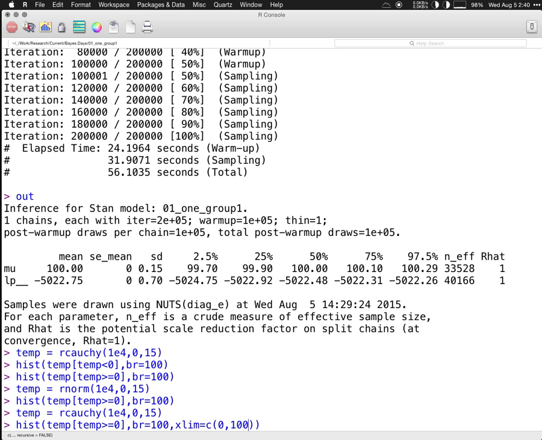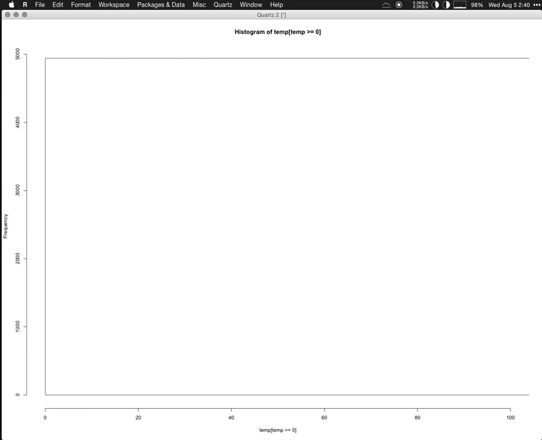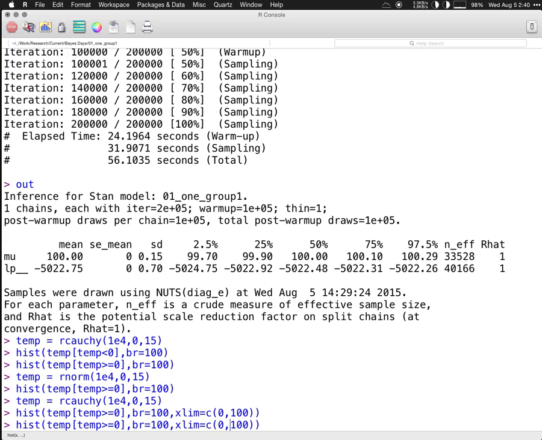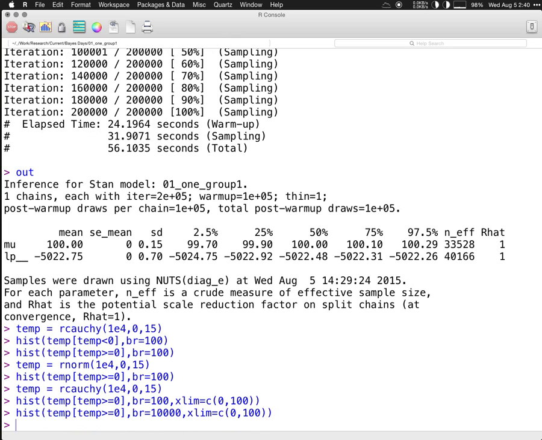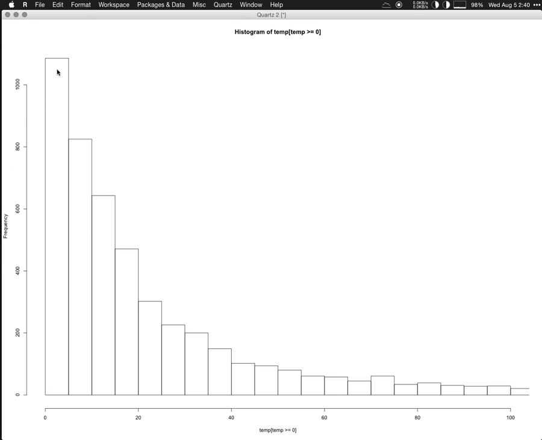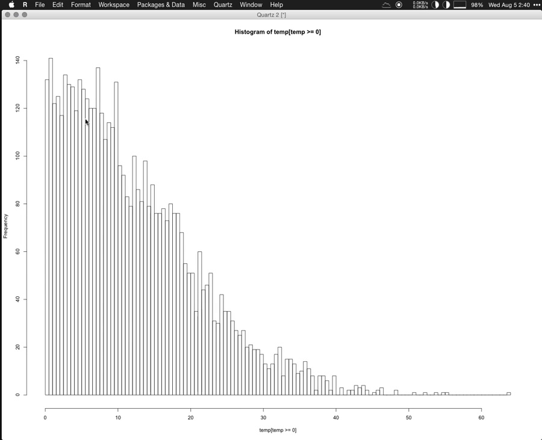You can see the distribution of the Cauchy drops off fast, but then it stays non-zero for quite a while, whereas in the Gaussian case it drops off a little less quickly, but then goes to zero very quickly.